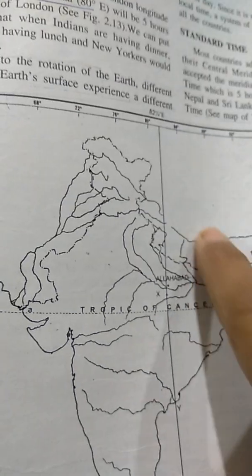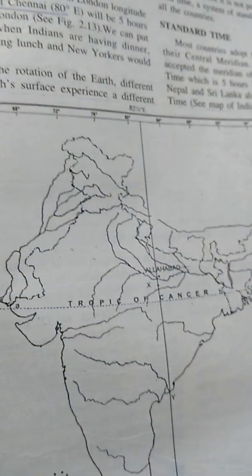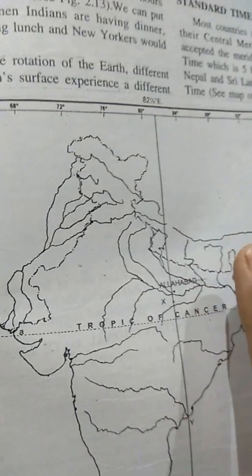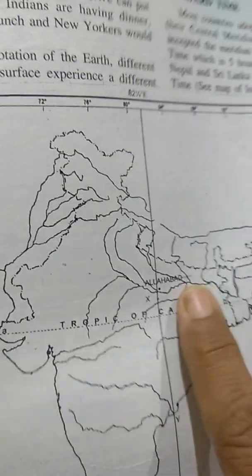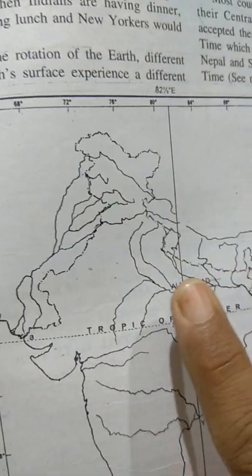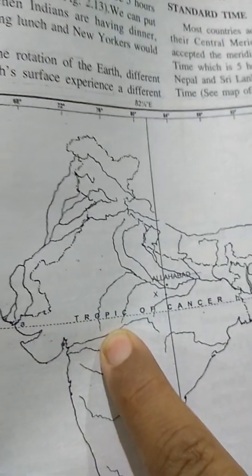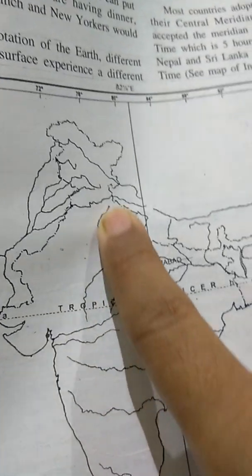Then any of the lines is taken from here, from our country. The shadow should be on that line, on that place, neither side.